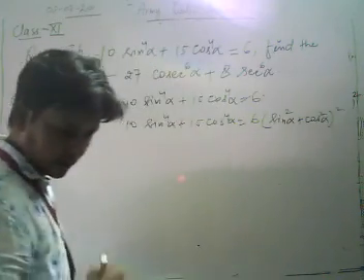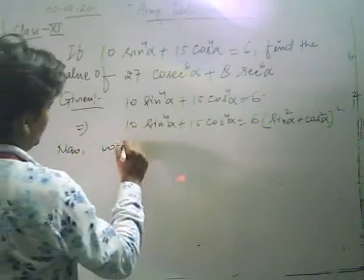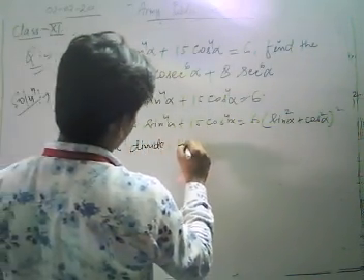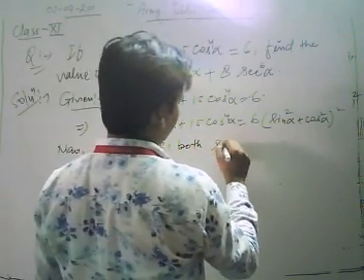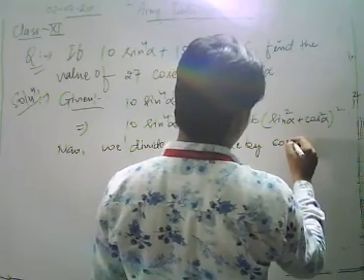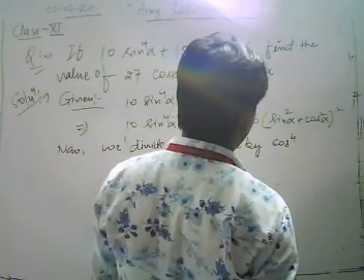Okay, now we divide both sides by cos to the power 4 alpha.